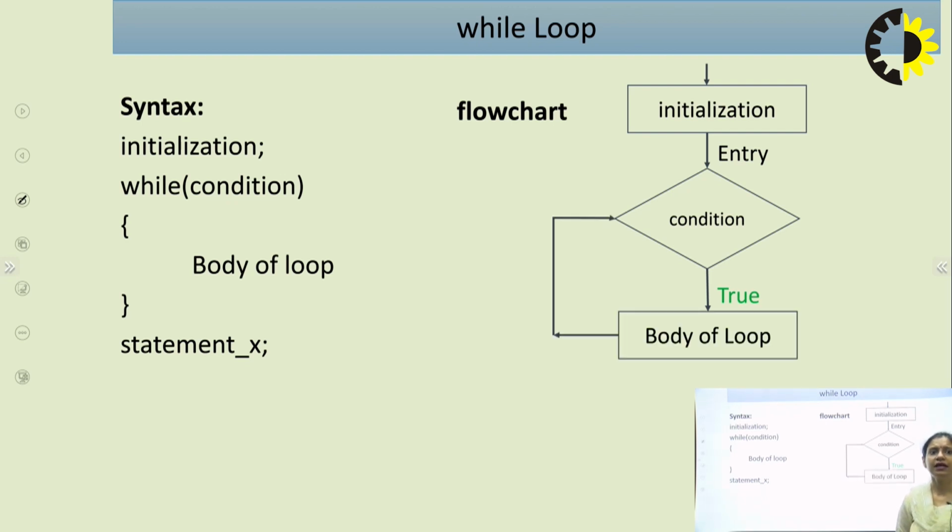The first step, that is initialization, is done. Then once the initialization is done, the condition is checked. If the condition is true, then the body of the loop is executed. Within the body of the loop, we have the updation statement.